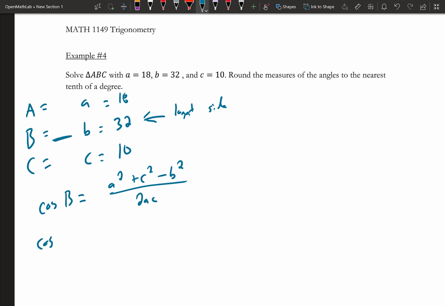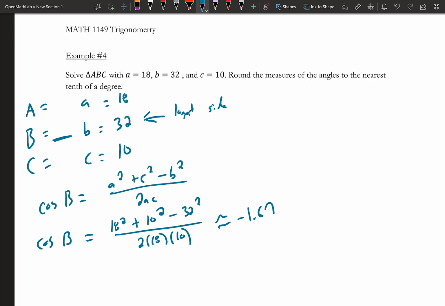So we would have cosine of B equals 18 squared plus 10 squared minus 32 squared all over 2 times 18 times 10, right? If you plug that in your calculator, it is approximately negative 1.67. But we know that cosine of B should be between negative 1 and 1. This is outside of that range.